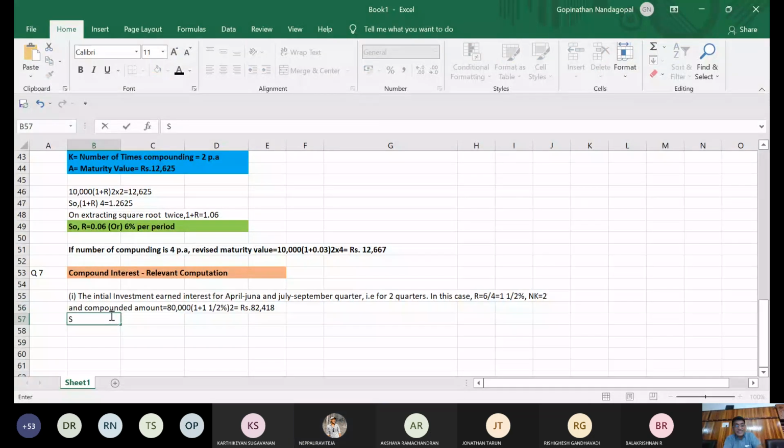So the additional amount invested on 1st October will be equal to rupees 1 lakh minus rupees 82,418. How much do you get this?